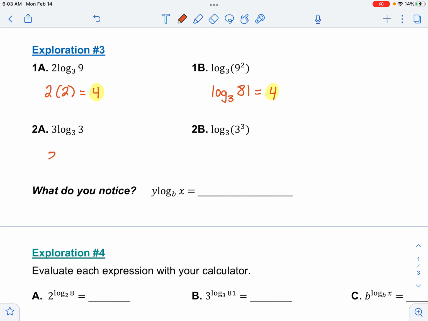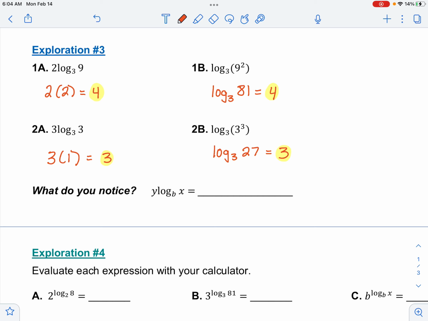And then this one, we have 3 times log base 3 of 3, which is 1, so that's 3. Then log base 3 of 27, because 3 cubed is 27, is also 3. Then I had students try to come up with this property. What happens from A to B here?